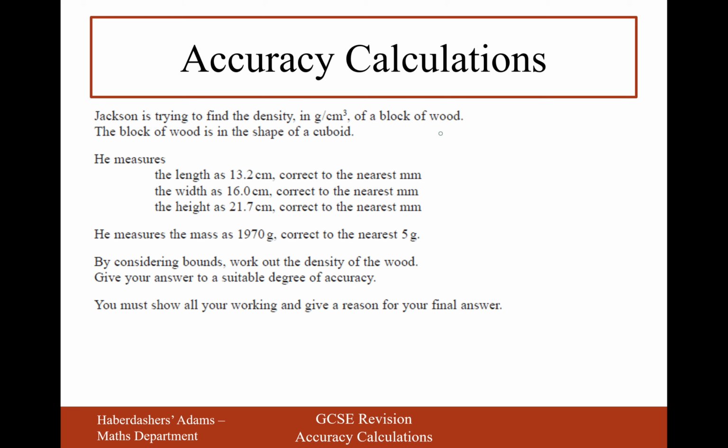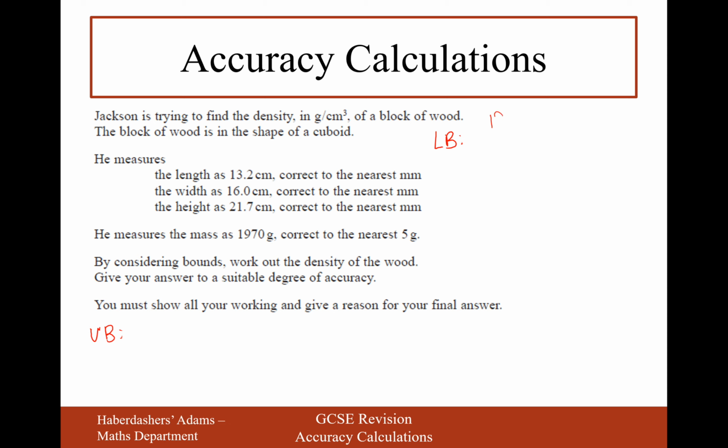So this is one of those questions where you have to work out a lower bound calculation, an upper bound calculation, and then find a number that will round to both of these answers, correct to your nearest significant figures. So for the lower bound, we're going to try and lower this value here, grams divided by centimetre cubed.